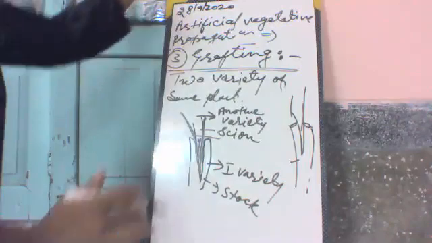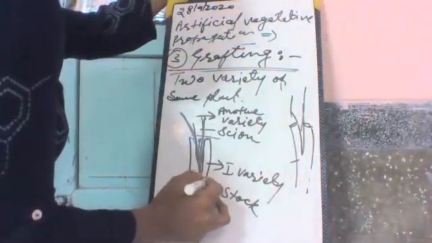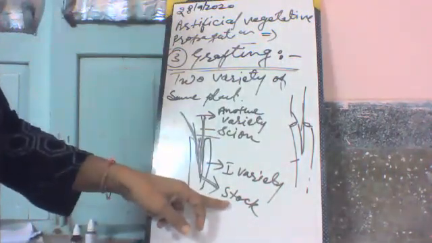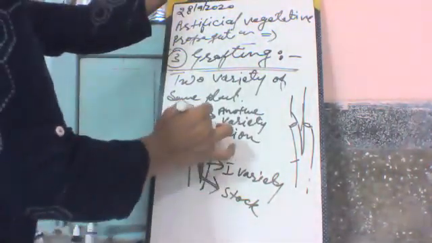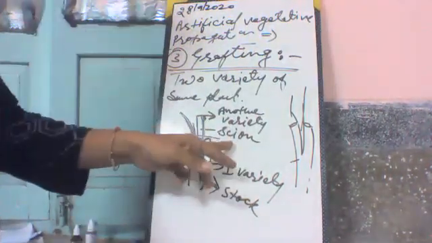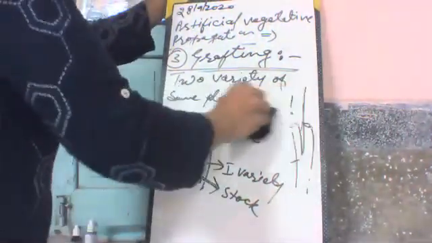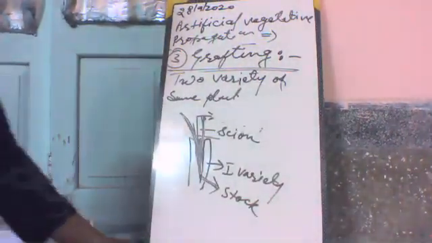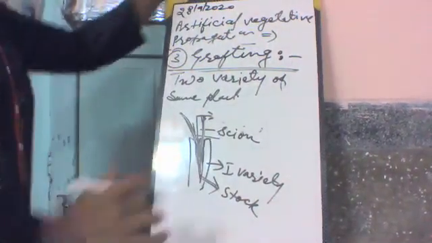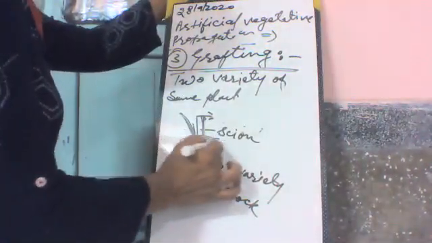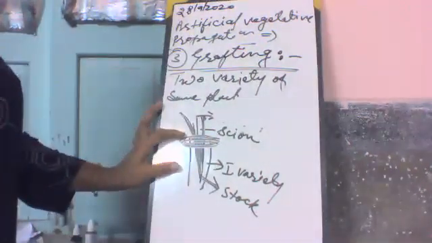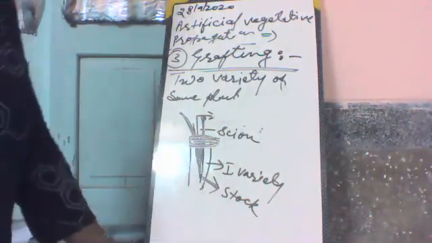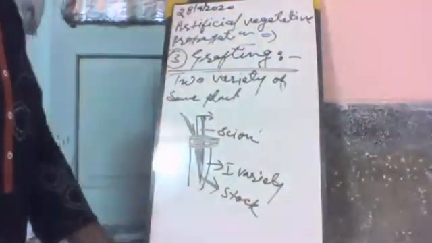The plant in which the stem is fixed is known as stalk, and the plant which has to be fixed in the stalk is known as scion. This should be done in a very proper manner, because this contact must be fused. So the fixing of scion and stalk is very important for this.